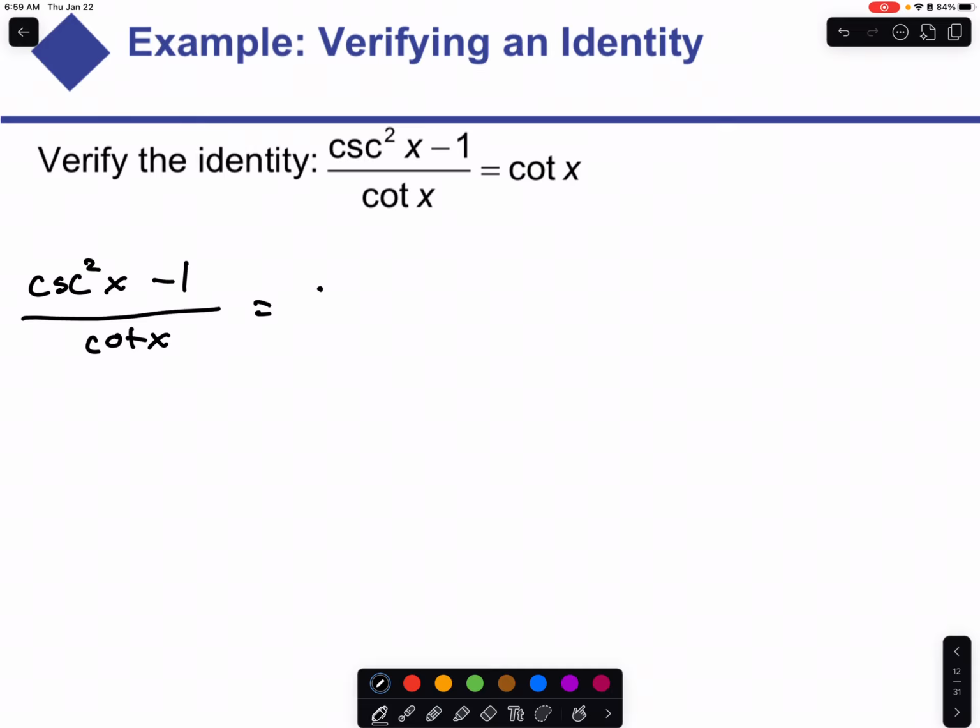So it's going to be 1 over sine squared, minus 1 over, and cotan is 1 over tan. Tan is sine over cosine. So cotan, I'm going to write as cosine x over sine of x.